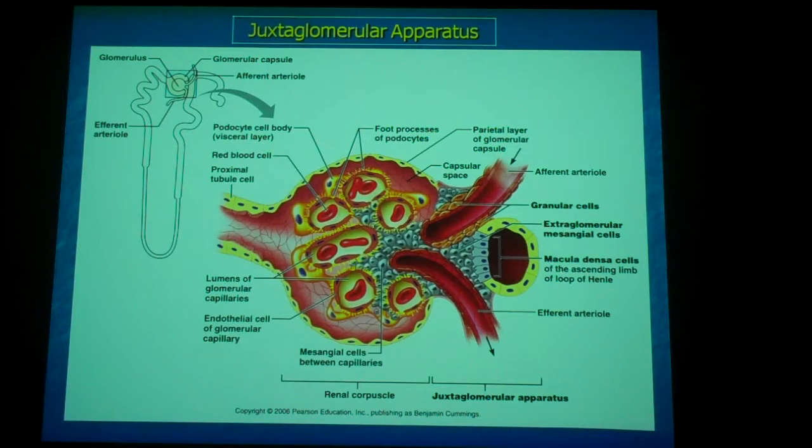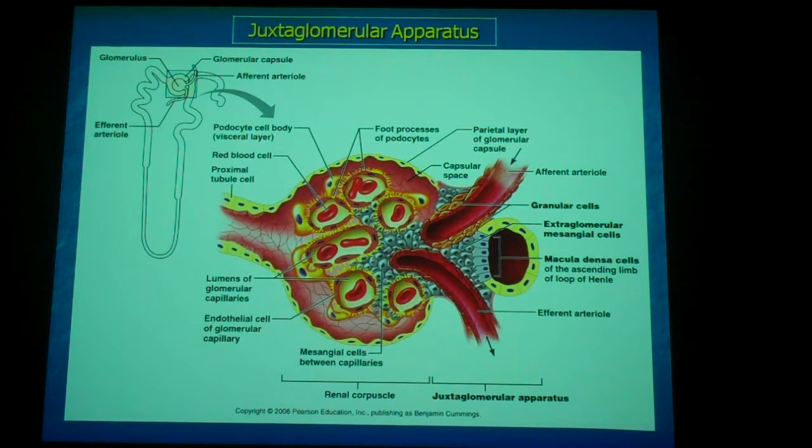These are called macula densa cells. And they have a certain function. These cells are going to monitor the flow rate of fluid coming through the tubule at this point. And they are also going to monitor the solute concentration of that fluid coming through the tubule. We will come back to this later and explain why that's important.